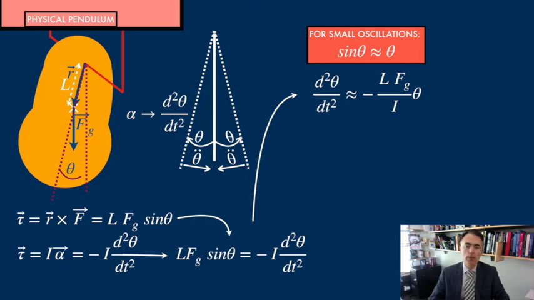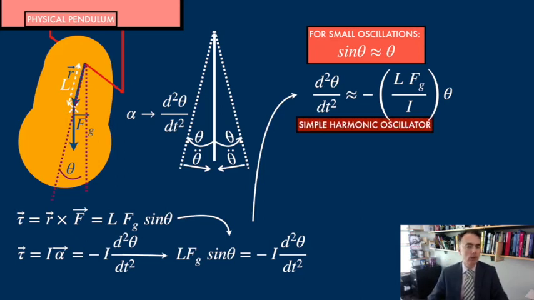This equation is the second derivative of the angle equal to a negative constant times the angle. Again, the differential equation for the simple harmonic oscillator.